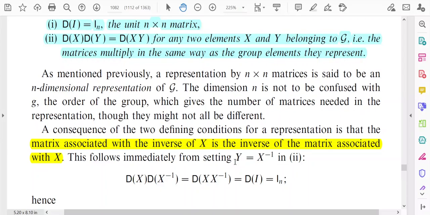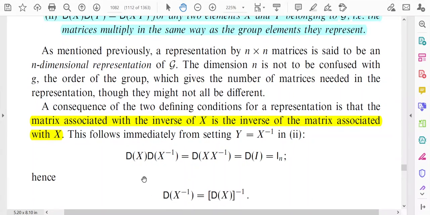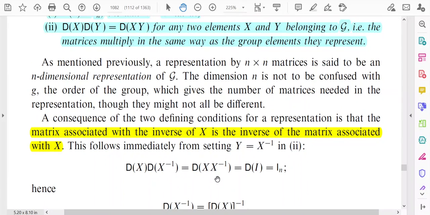Now suppose we assume that y is equal to x inverse. If we put y equal to x inverse in that relation, we obtain Dx into D of x inverse is equal to D of xx inverse.